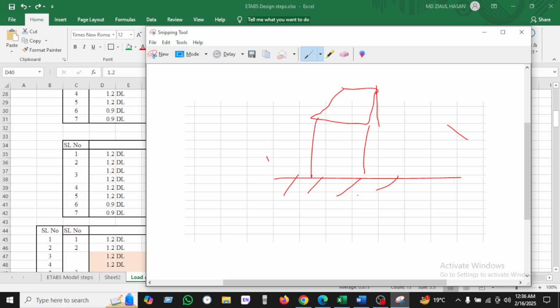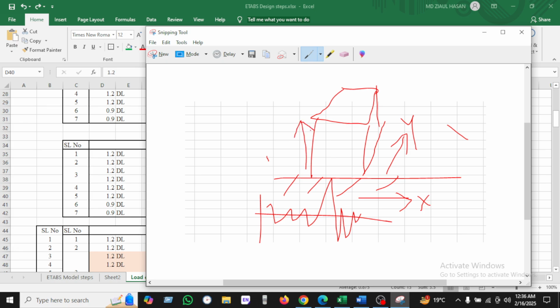Okay, so when the earthquake is affecting here, the earthquake is going this way. So we can see the earthquake will affect the x direction, and it will affect the y direction also, and it affects vertically, which is the z or vertical direction.